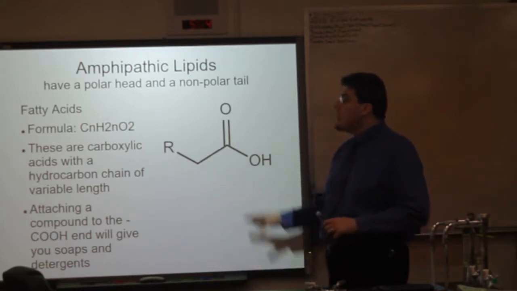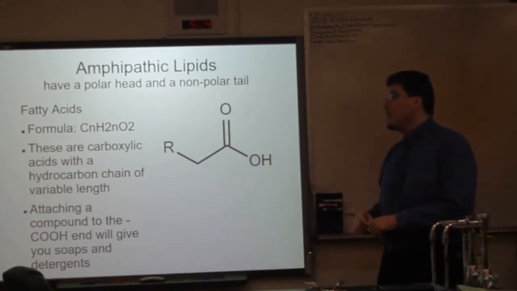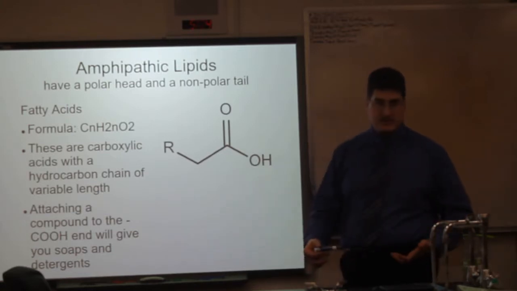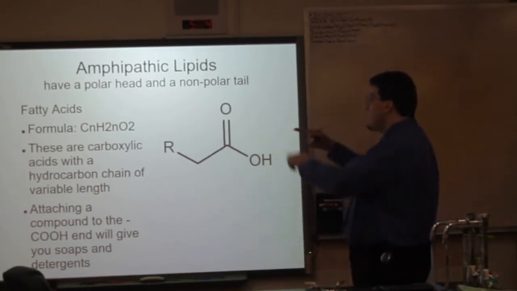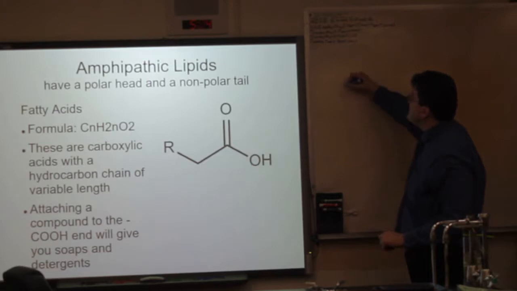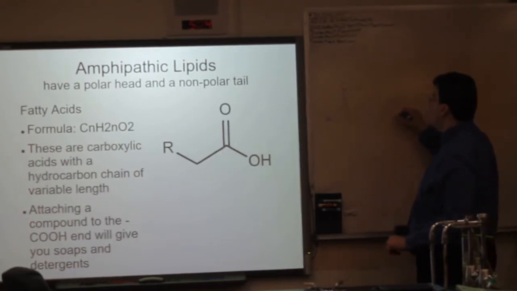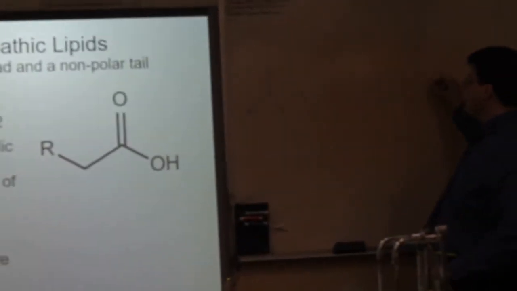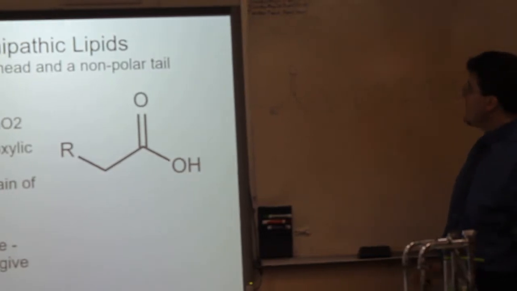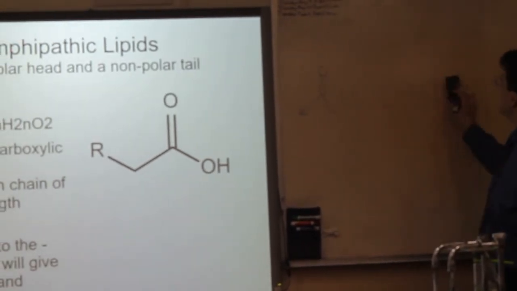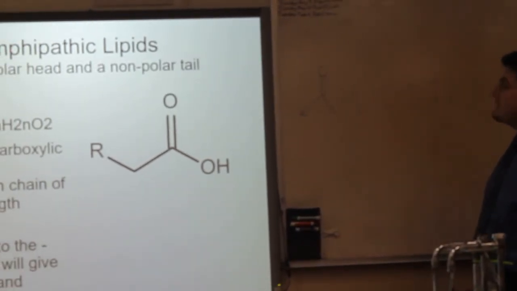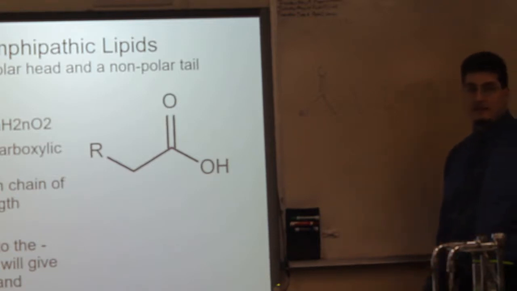Attaching a compound to the carboxylic acid end will give you soaps and detergents. So if I add length to this tail, so if I make this a hydroxyl group here, and I make this a carbon tail length that just continues on and on like that, that's fine. If I shorten the tail like that, that's also fine. Whatever, it's still a fatty acid.